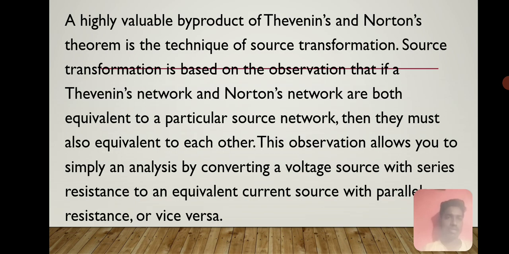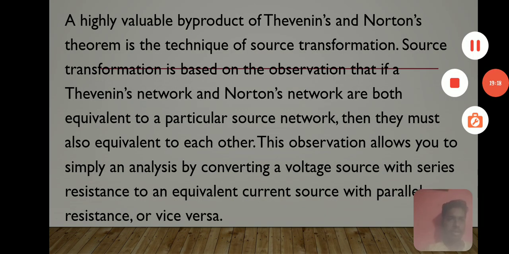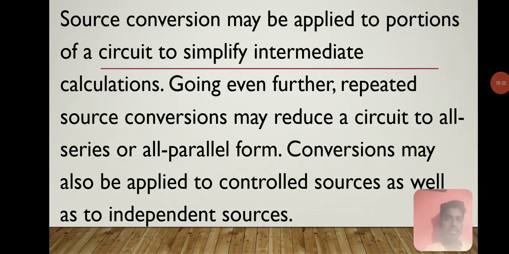This observation is used to simplify an analysis by converting a voltage source with series resistance to an equivalent current source with parallel resistance, or vice versa. Source conversion may be applied to portions of a circuit to simplify intermediate calculations. Going even further, repeated source conversions may reduce a circuit to all series or all parallel form. Conversion may also be applied to controlled sources as well as to independent sources.